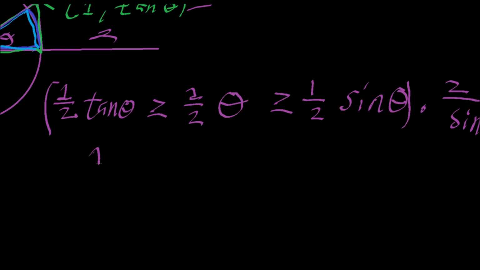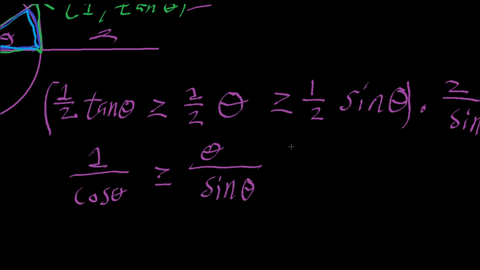So we have 1 over cosine of theta will be greater or equal to 1/2 theta multiplied by 2 over sine of theta, which is just theta divided by sine of theta, which will be greater or equal to 1/2 sine of theta multiplied by 2 over sine of theta, which is of course just 1.